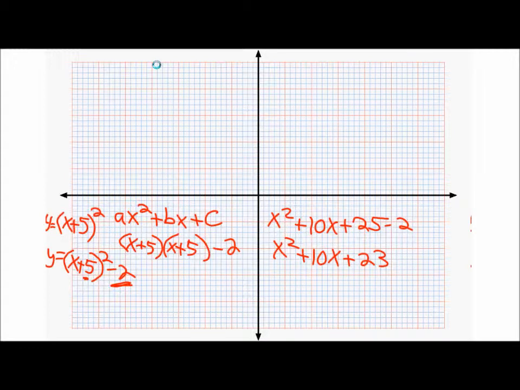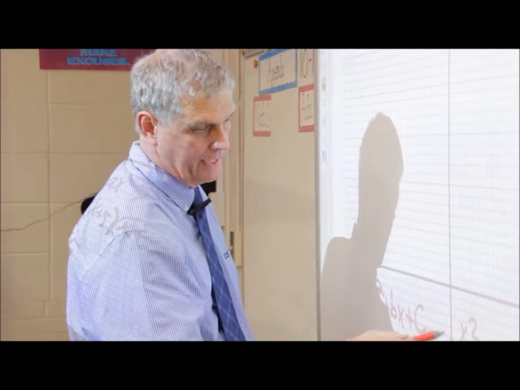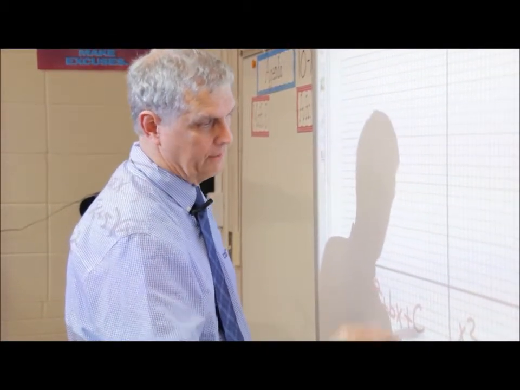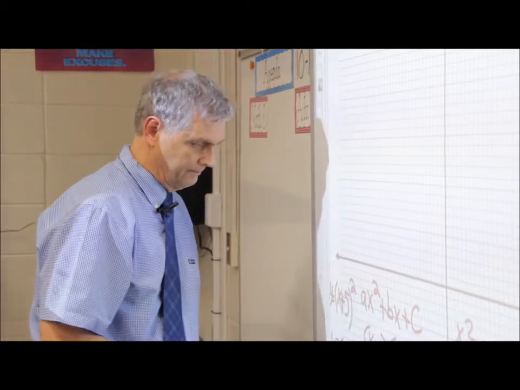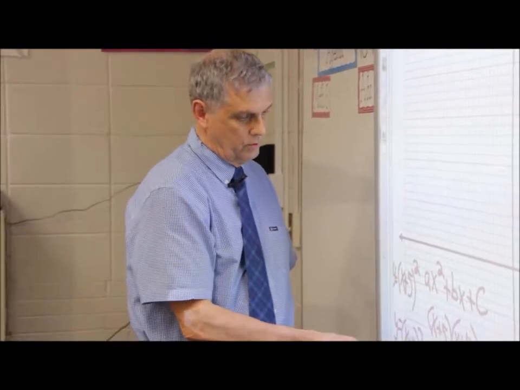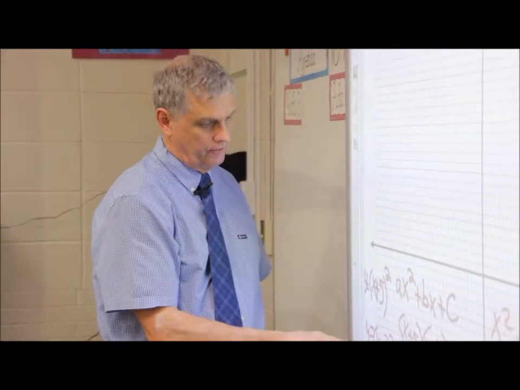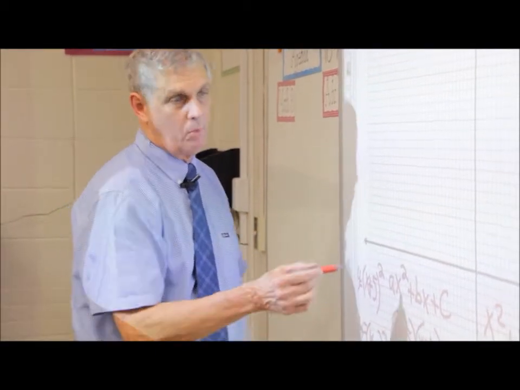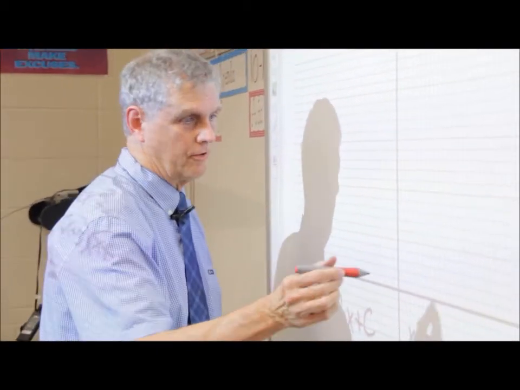Now, the one on the outside, you can just look at the sign and you know that it's negative, so it's going to be down below the horizontal line. But for the inside, you see it's got a plus sign, and you probably think, well, that means it's going to be over on the plus side.